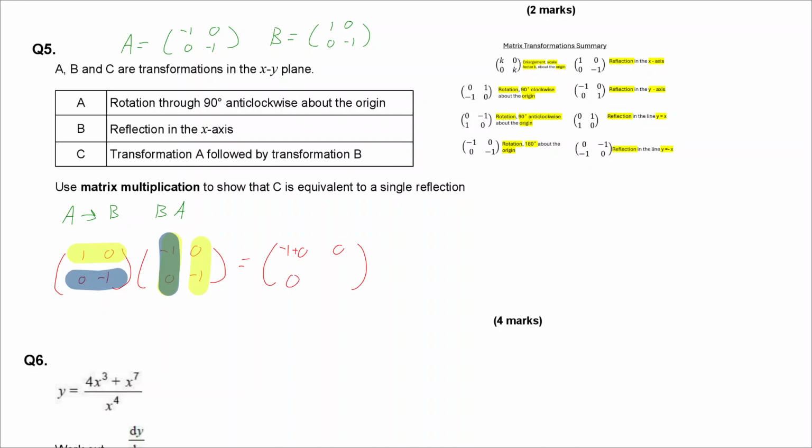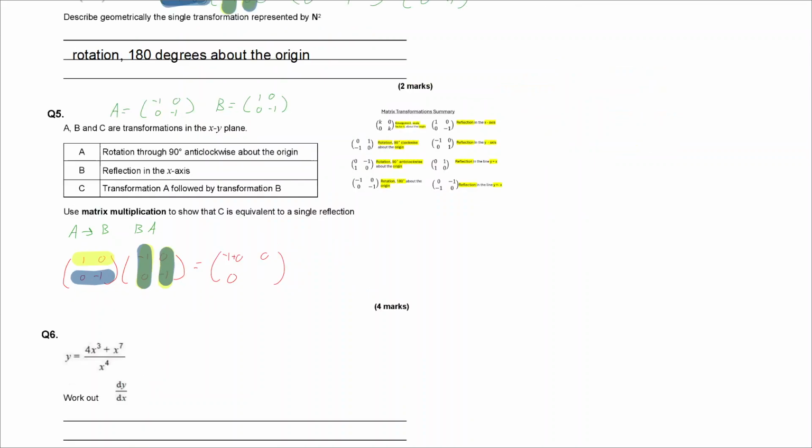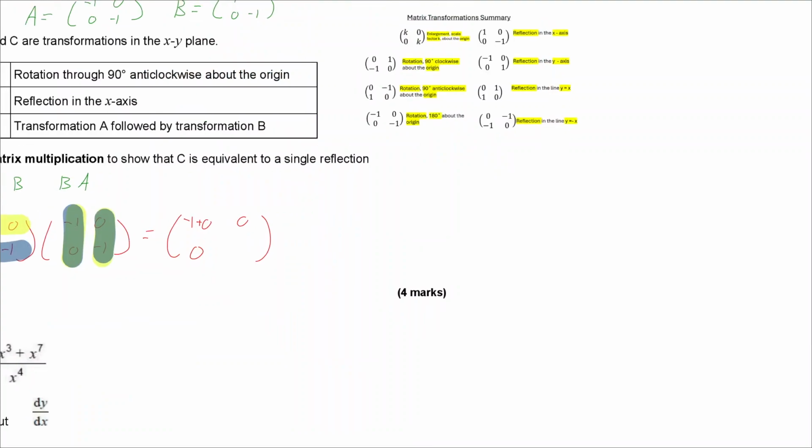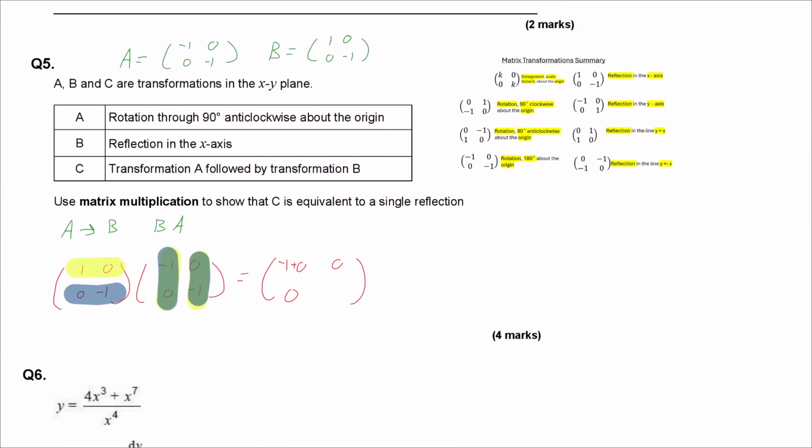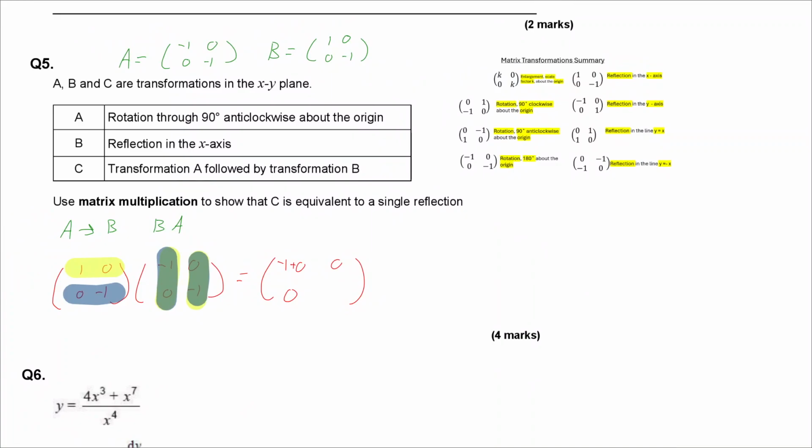And then the second row with the second column: 0 times 0 is 0, minus 1 times minus 1 is plus 1. So this is going to go to minus 1, 0, 0, 1.